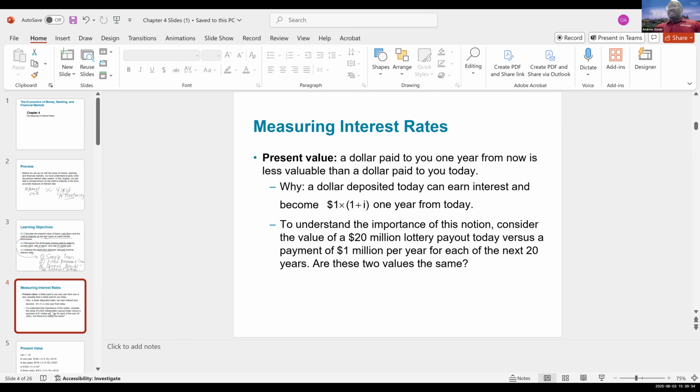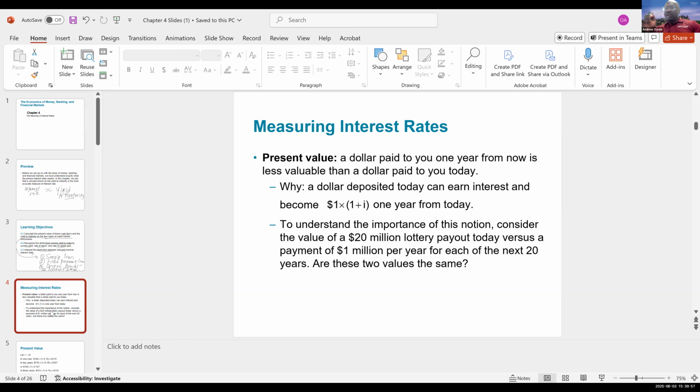Let's say it's your birthday today, and your grandpa asks, hey, Johnny, should I give you $100 for your birthday today, or do you want me to give it to you next year? Tell your grandpa, give it to me today. If you're giving it to me next year, it better be $110, if the interest rate is 10%.